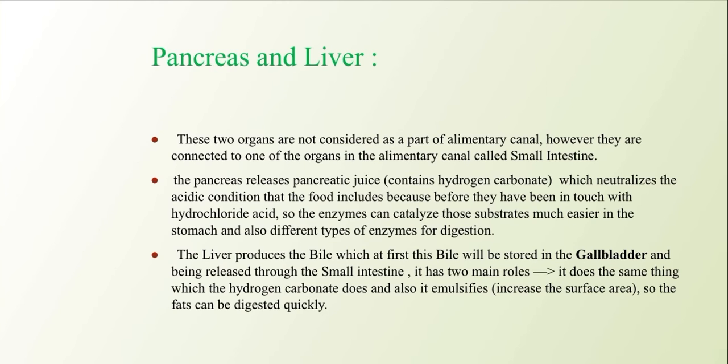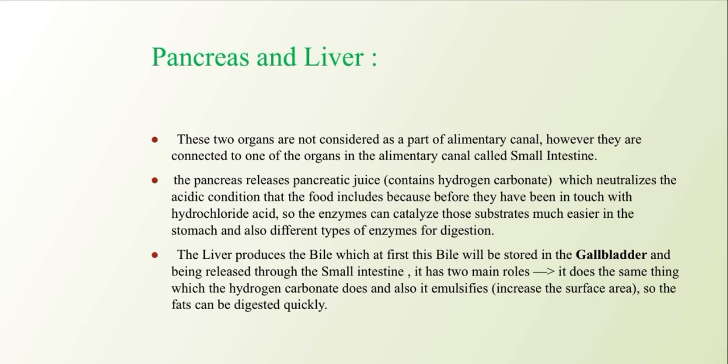The pancreas releases the pancreatic juice, which contains hydrogen carbonate, and this hydrogen carbonate neutralizes the acidic condition that the food includes. Before this, the food has been in touch with hydrochloric acid, since in the stomach the main enzyme is called pepsin, which works in acidic conditions, and hydrochloric acid also exists in the stomach.